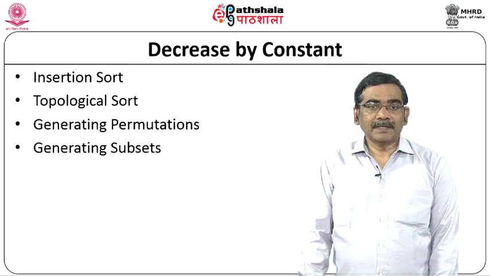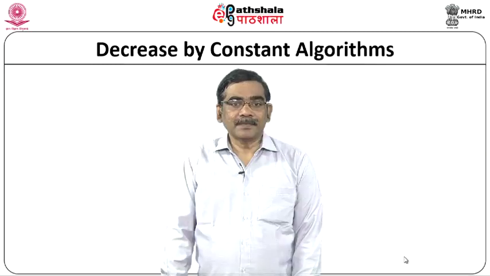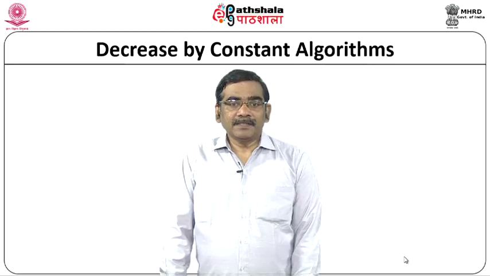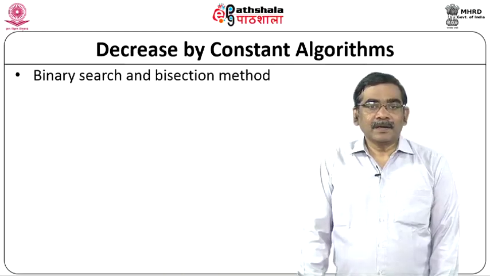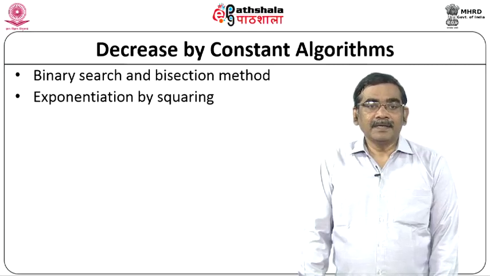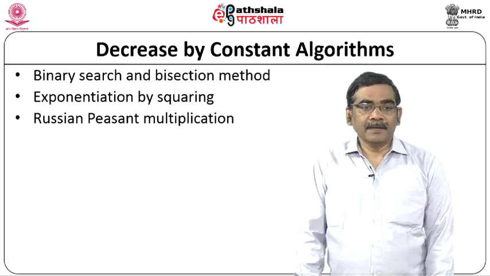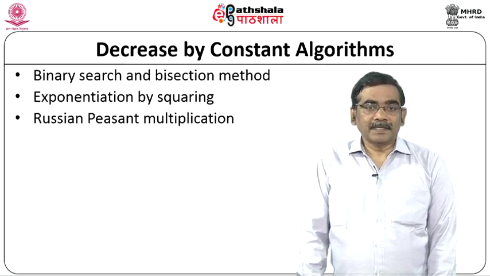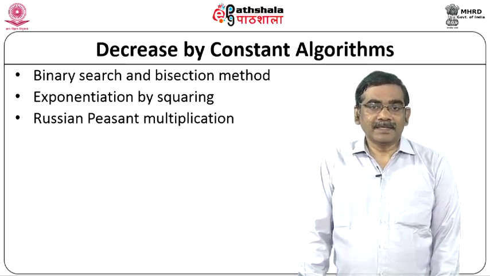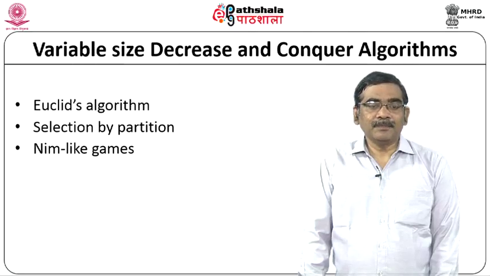We are also going to discuss how to generate subsets. Decrease by constant factor algorithms are the binary search and the bisection method, exponentiation by squaring, and Russian peasant multiplication. This we will discuss in the next module.